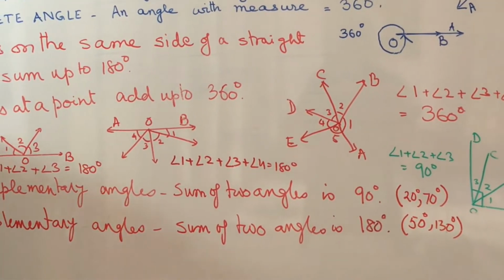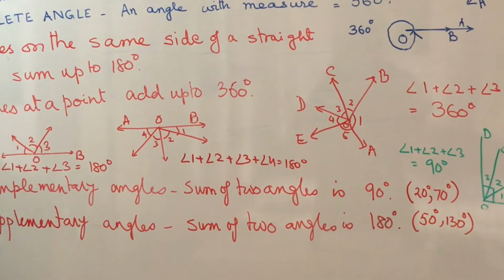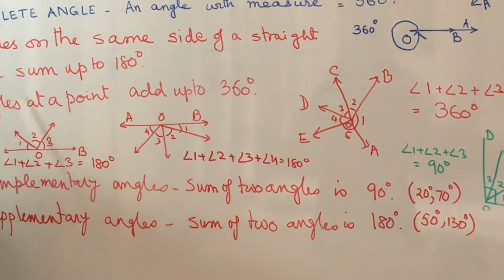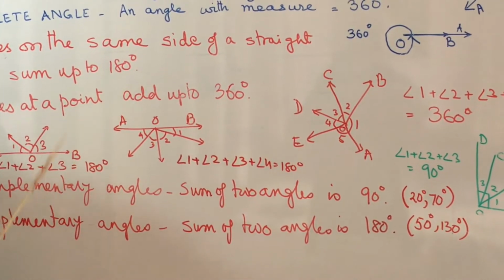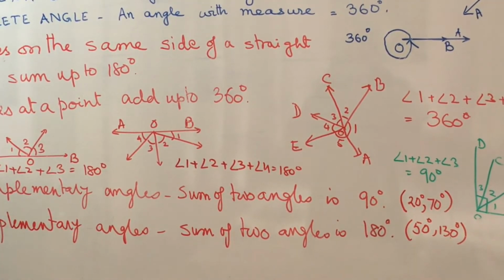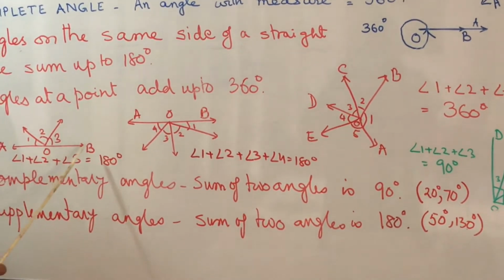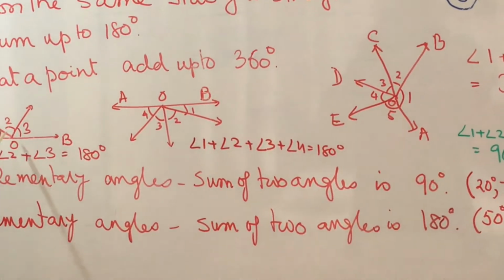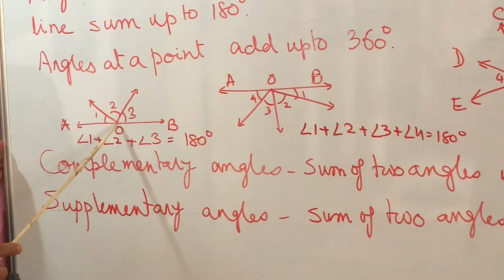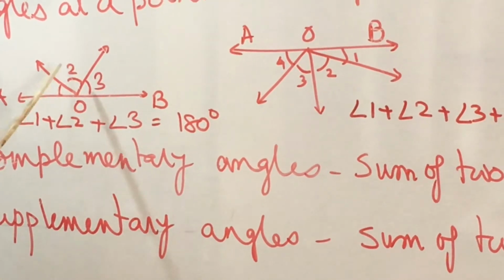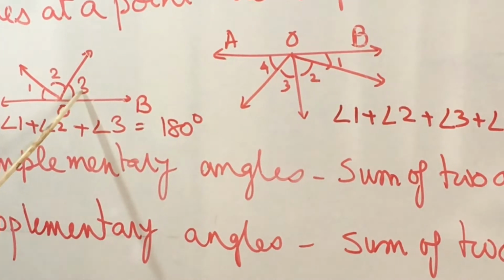Now let us see the applications of these. Now angles on the same side of a straight line sum up to 180 degrees. Now here I have drawn a straight angle, angle AOB, and I have drawn two rays on it, forming three angles, angle 1, angle 2 and angle 3.